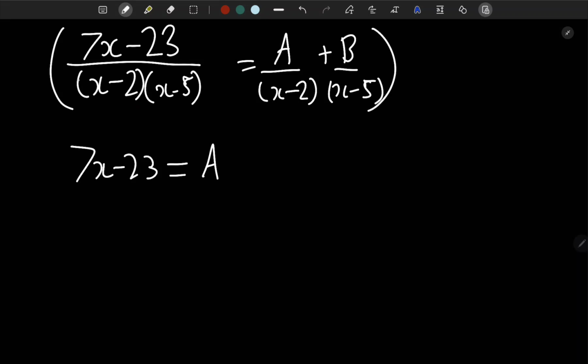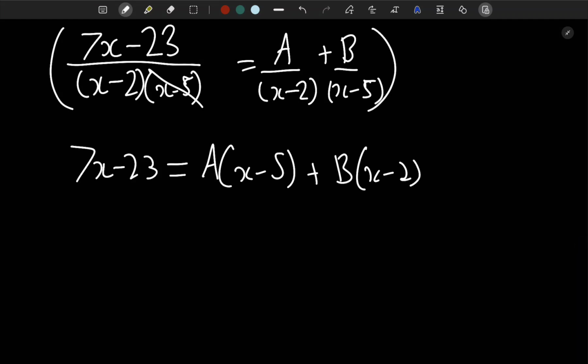If we cover the denominator of a, we will have x minus 5 left over, so we can directly multiply that. The same thing for b: b into, what is the denominator of b here? It's x minus 5, so we will cover that up and we will be left with x minus 2. So that's there. Now how do you think we should solve for a and b?